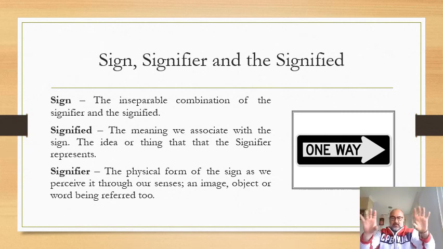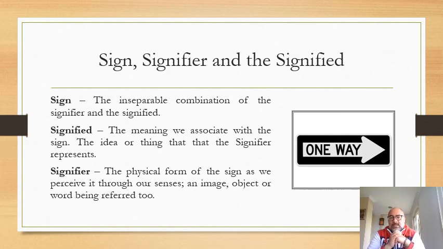This representation is organized into a black base, which makes it a traffic sign. So the signifier here is the combination of all these colors and shapes and letters and so on.